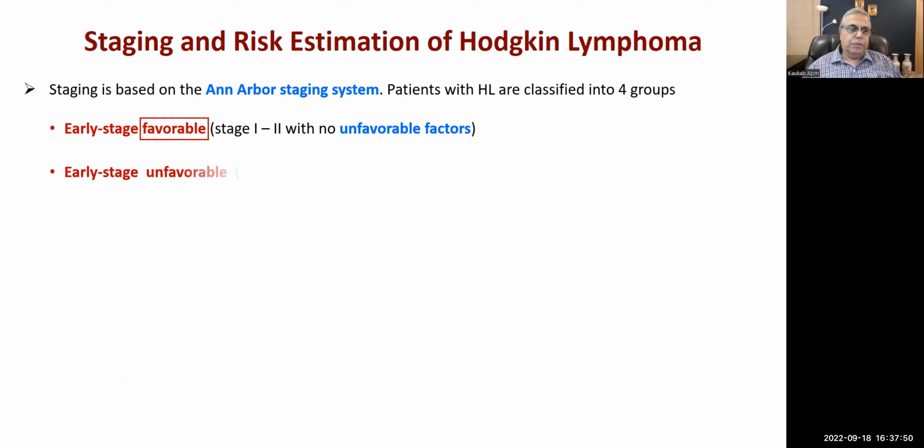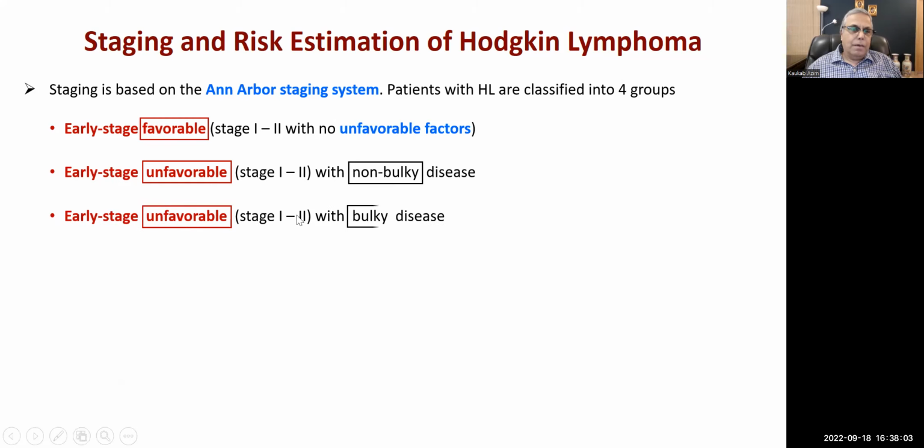I'll show you in a minute, okay? Now, we have got early stage favorable disease, early stage unfavorable disease. Then we have got a non-bulky disease and a bulky disease. Early stage unfavorable, stage 1, 2 with bulky disease, okay? Then we have got advanced stage, which is stage 3 or stage 4.